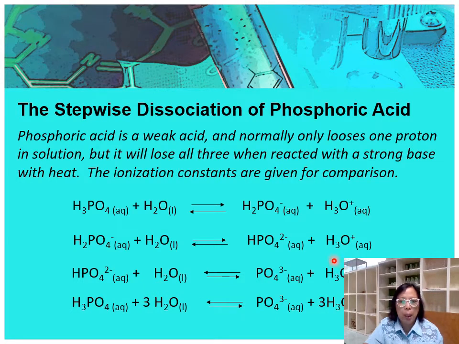So all of them has an H plus in the product, but as you can see, you have still the hydrogen ions for H3PO4 and H2PO4. But of course, with the going of hydrogen to water, you have only PO4 in this dissociation.